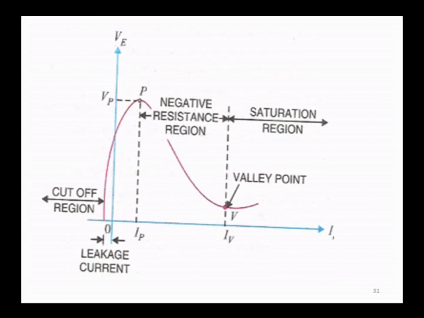What is the advantage of this over your conventional R and RC firing? It produces gating pulses, constant repetitive pulses are produced. So, this UJT is an efficient device to trigger or turn on your SCR.